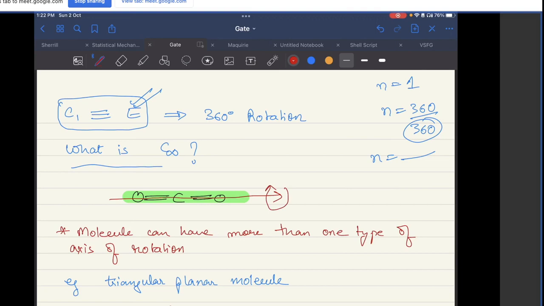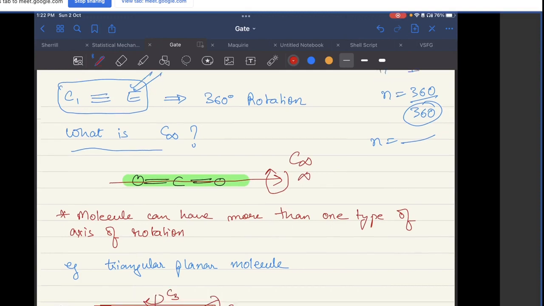So the order of the rotation axis has become infinite here. Okay, so this will be denoted as C infinite, and this is a highly symmetric molecule.